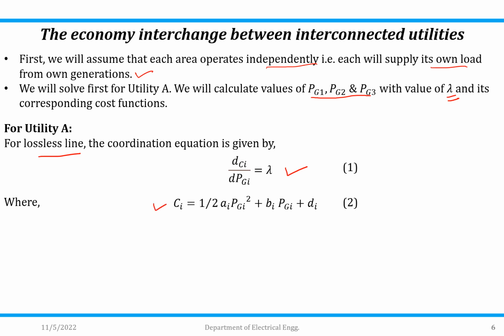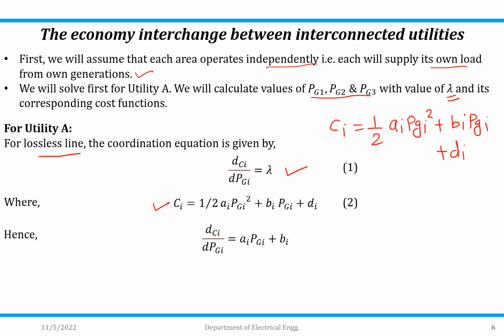Now I will take the cost equation, which is Ci equal to half into Ai PGi square plus Bi into PGi plus Di. Now I will differentiate this equation number 2 with respect to PGi.